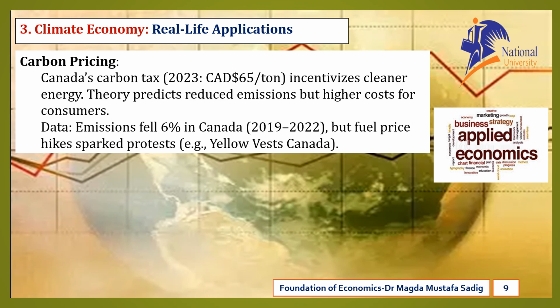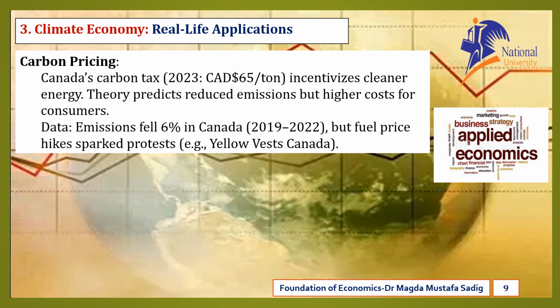To reduce greenhouse gas emissions, Canada implemented a carbon tax set at CAD $65 per ton in 2023. This aligns with the Pigouvian tax concept. By putting a price on carbon, it makes polluting more expensive and encourages cleaner energy use.